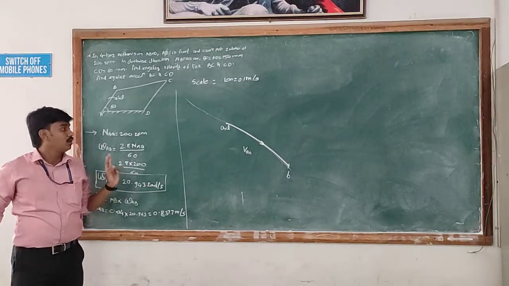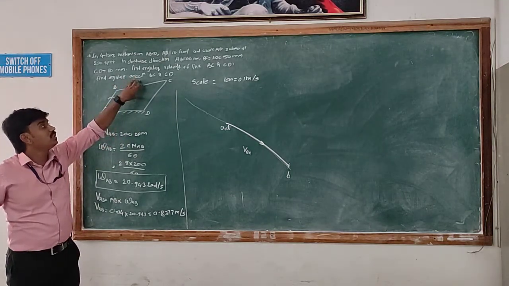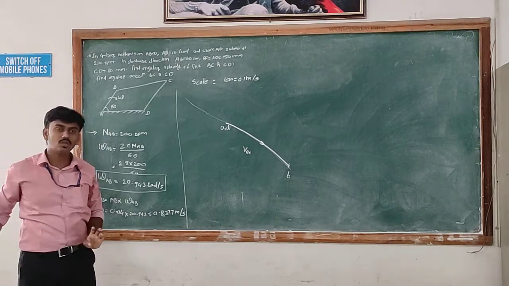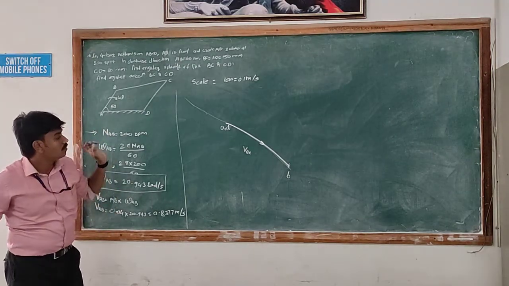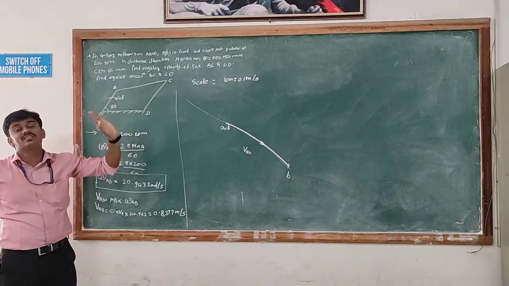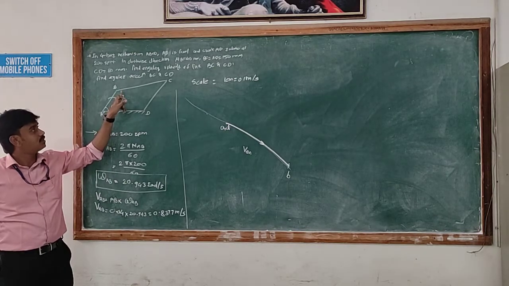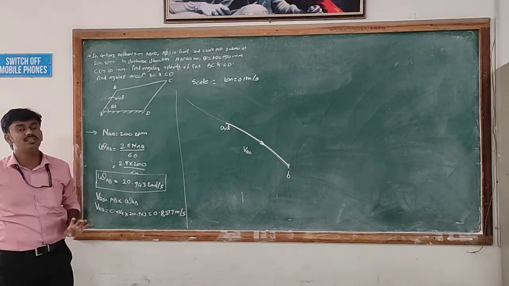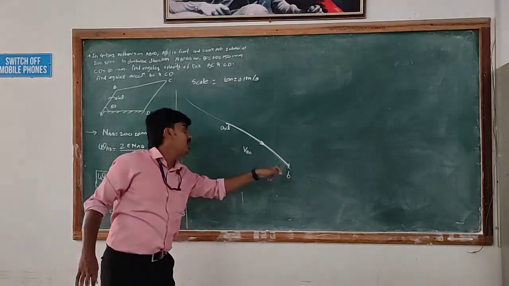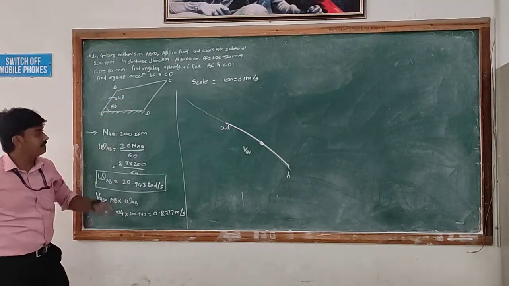Now the link BC, we have to find out the velocity of the link BC and CD. Okay, so as this link is BC and its velocity vector is perpendicular to this link BC, so draw a line which is passing through this point B and which is perpendicular to this link BC.